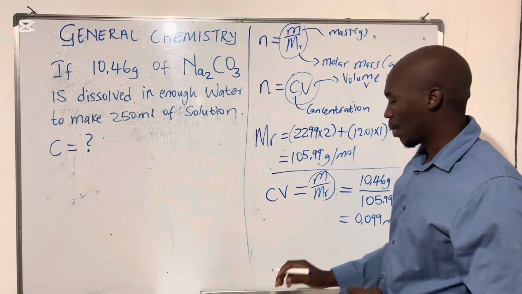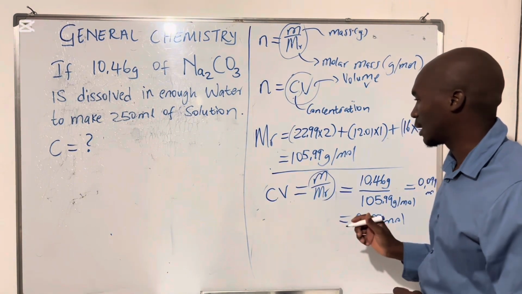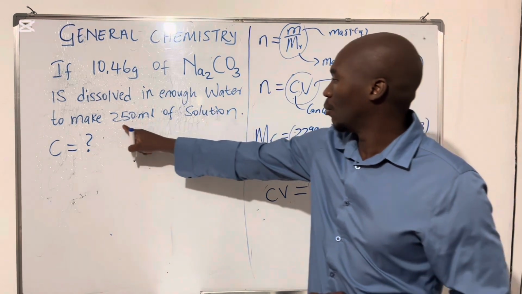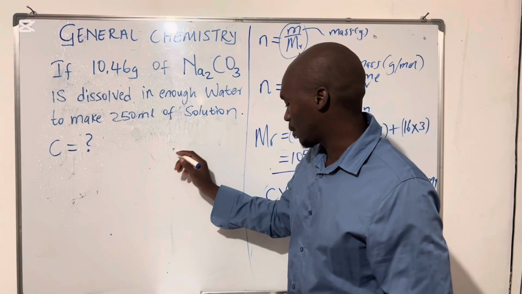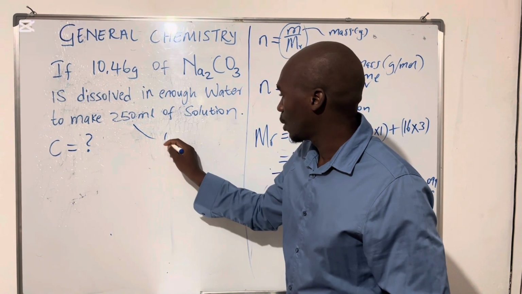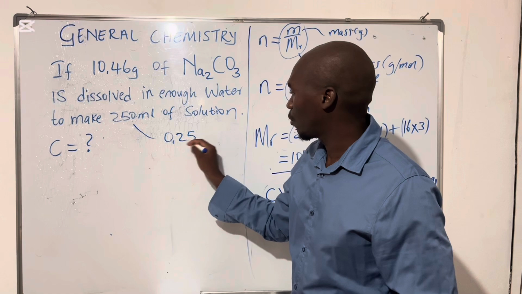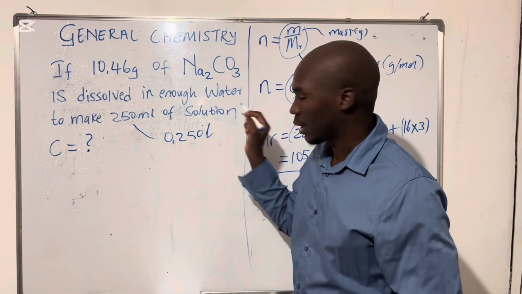So now, once we have the number of mole, we know it's the same as CV, meaning that what is the volume? The volume is this one. This volume is equivalent to 0.250 liter.